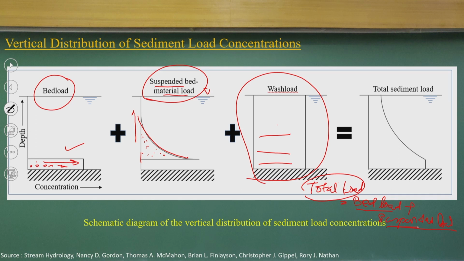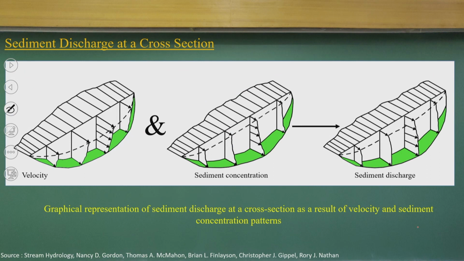And now, if you look at the next part, how it happens at the river level, as a river has a cross section like this. You can see that the velocity distribution will change as you go to the center points, along the flow direction.